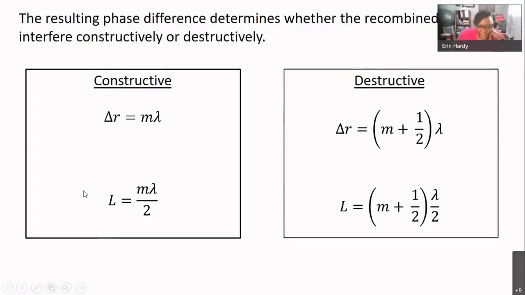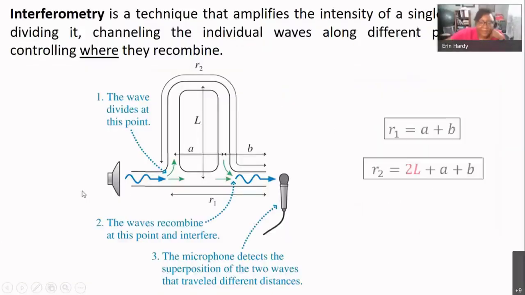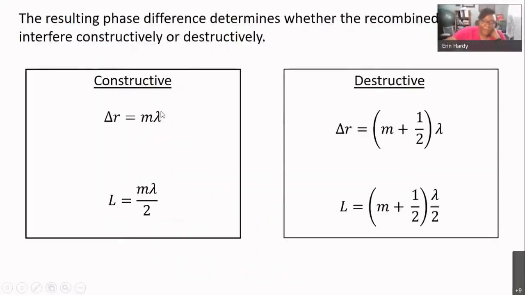So let me go back to this image here. Capital L is the vertical part of this trip. It's only being traversed by the portion of the wave that is taking the longer path here.